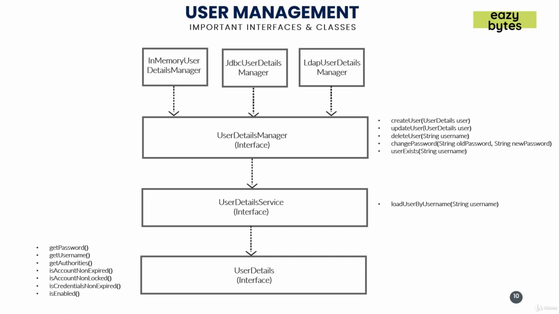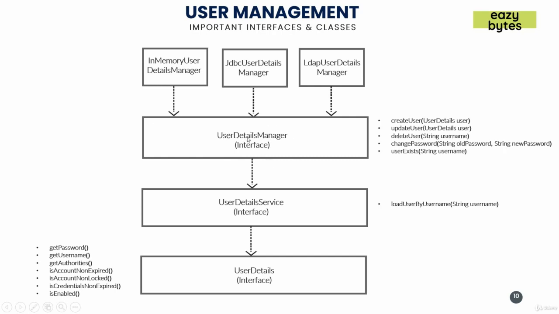But if your application has a requirement to also maintain the user details, that I want to create a user, update, delete, change passwords along with fetching the user details, in such scenarios we have to make sure we are customizing by implementing user details manager.